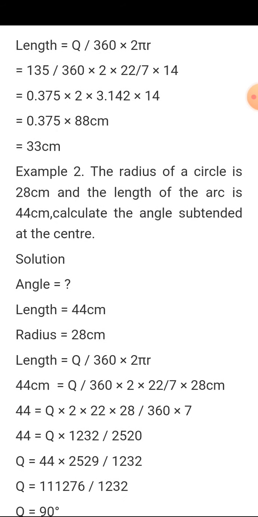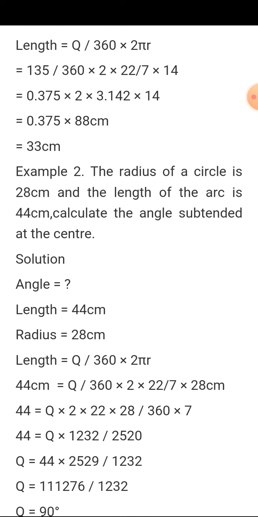Example 2. The radius of a circle is 28 centimeter and the length of the arc is 44 centimeter. Calculate the angle subtended at the center. The question again.